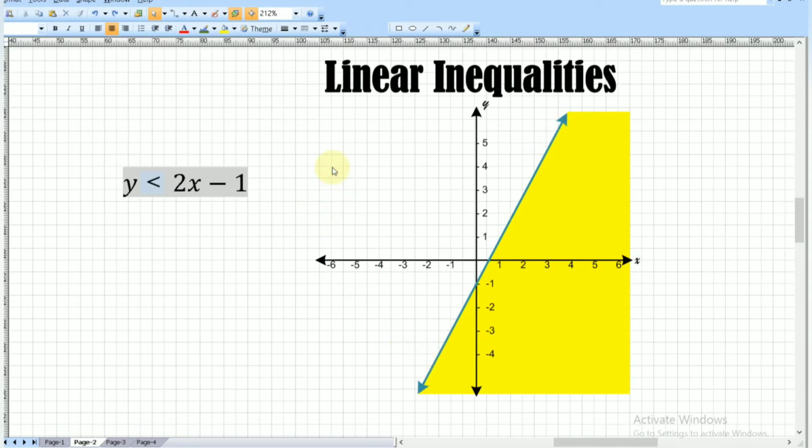It means we need to put a dotted line instead of a solid one, to show that the straight line itself is not the solution, only the shaded area. That is how you show it.